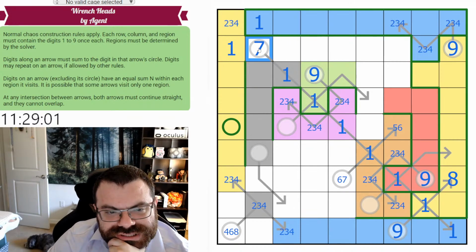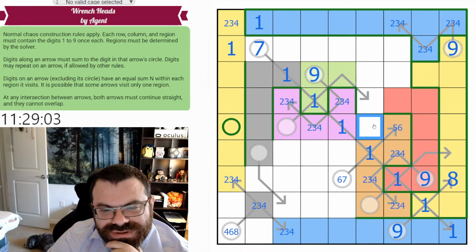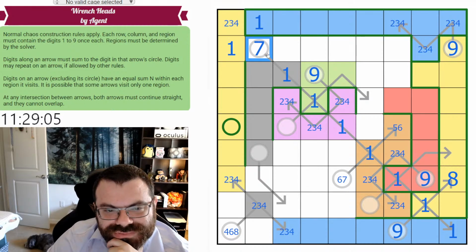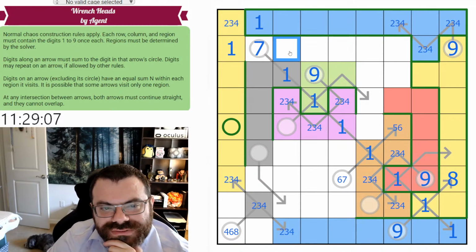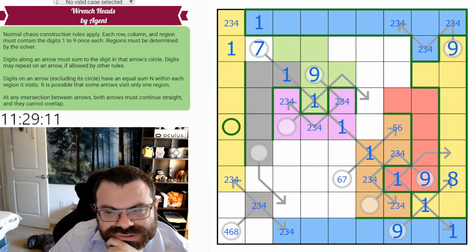So we could have red take this cell, and then yellow or gray could grow here, but they still can't grow beyond that. So these are green, at least. That doesn't do much.